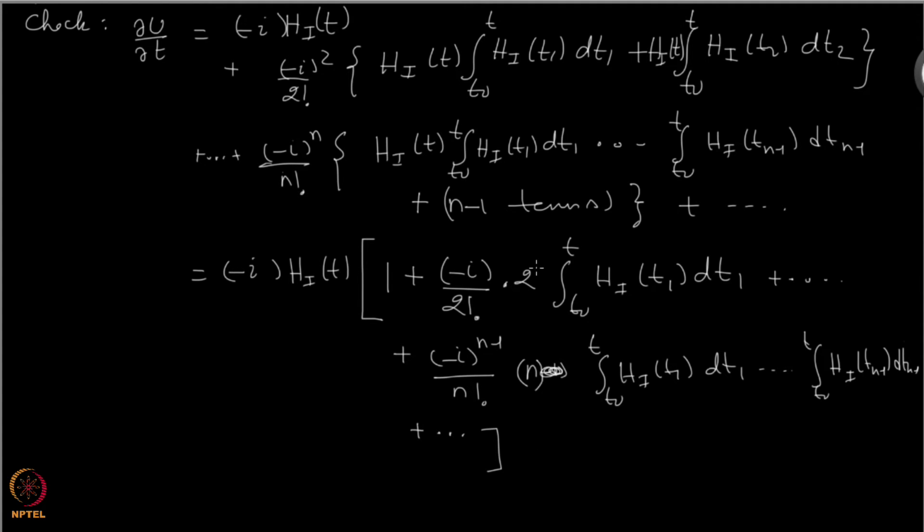And now I can cancel this 2 with this 2 factorial here, and this n, when I cancel with n factorial, it will give me n minus 1 factorial. Let me write it cleanly.